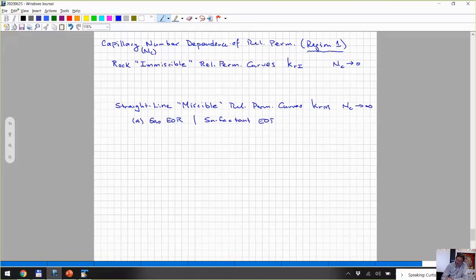If you have a core filled with decane and you displace it with butane or hexane or something, then the two are first contact miscible, and you don't really have any forces retaining the phase being displaced by the other.